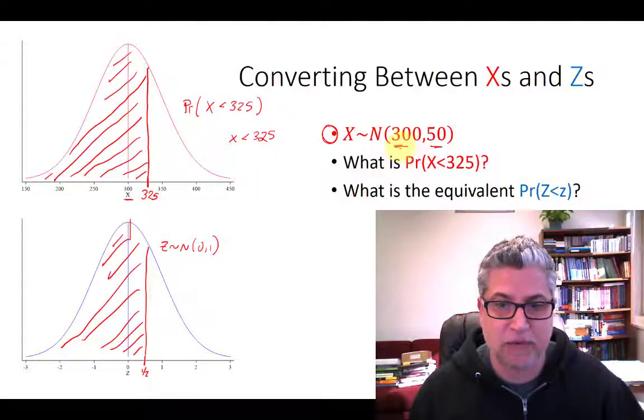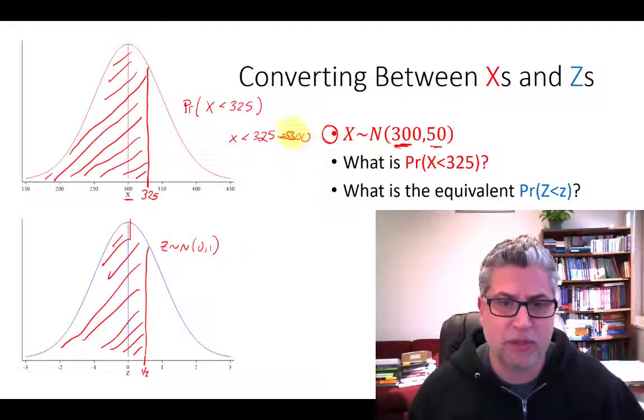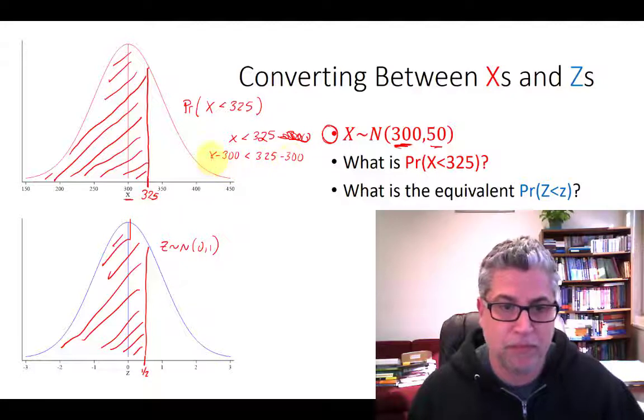We're subtracting off the mean here of that x variable. Well, if you do it on the right-hand side, then we need to do it on the left-hand side too. So let's do that on a new line. X minus 300, 325 minus 300. Okay, so that simplifies.